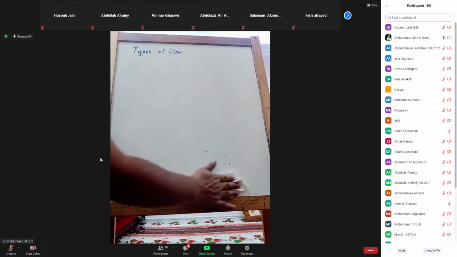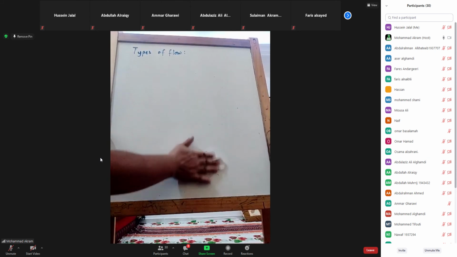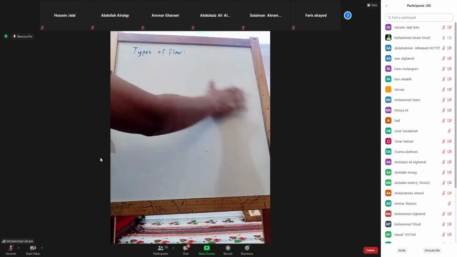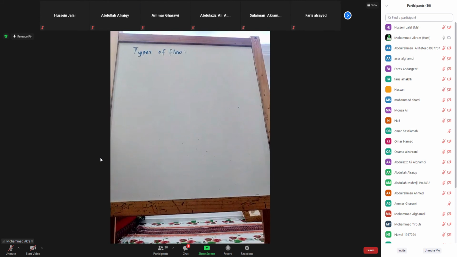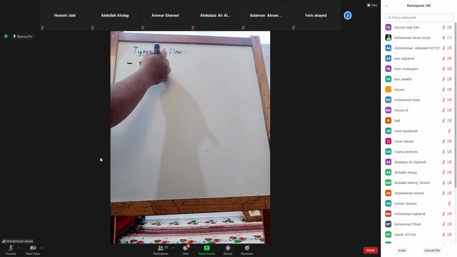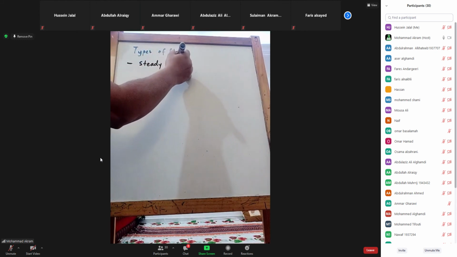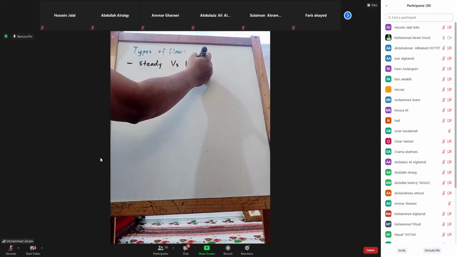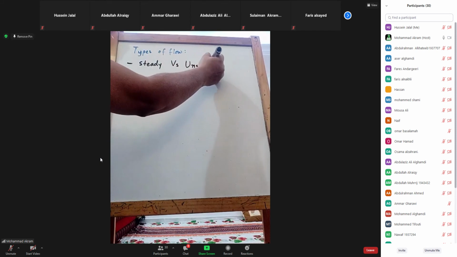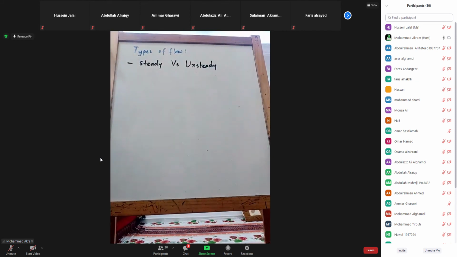The first type can be called steady versus unsteady. So flow can be either steady or unsteady. One of them it will be. It cannot be two at one time.